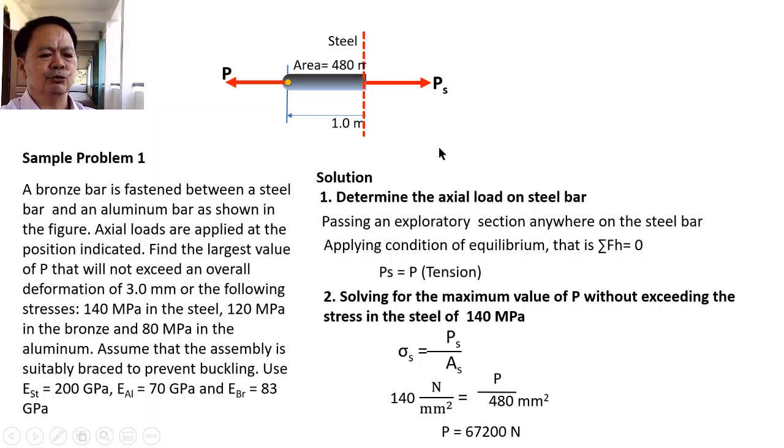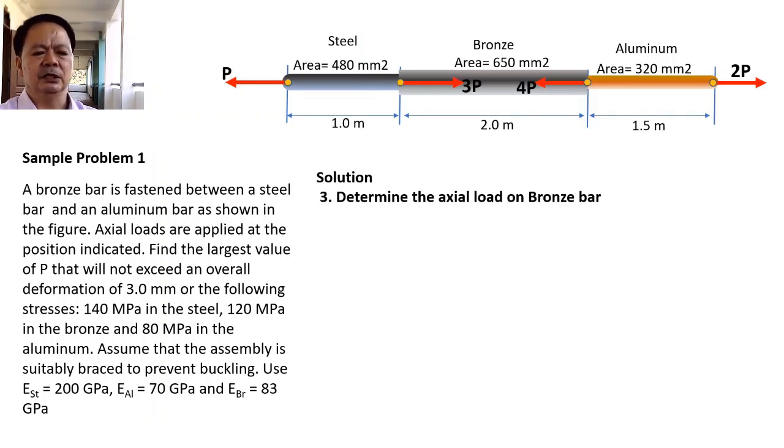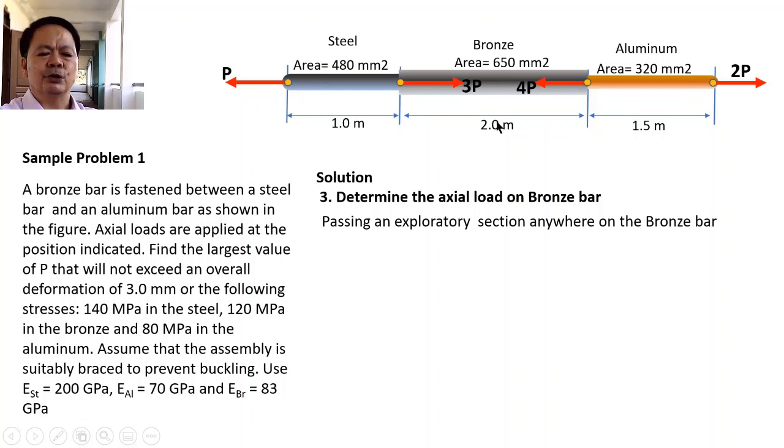Now let us consider determining the axial load on the bronze. Here is the bronze, then what shall we do? We pass an exploratory section anywhere in the bronze. Afterwards, we consider either the left part or the right part of the exploratory section so that we can compute the internal force acting on the bronze.